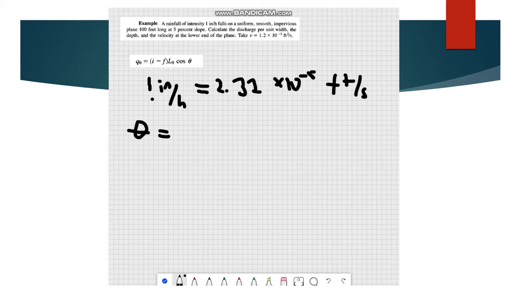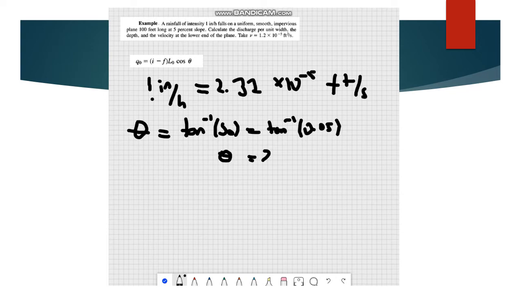Theta is the arc tangent, tangent minus 1 of S0, which is our slope. Our slope is 5%, which is 0.05. So tangent minus 1 of 0.05. When we calculate this, theta is equal to 2.86 degrees.